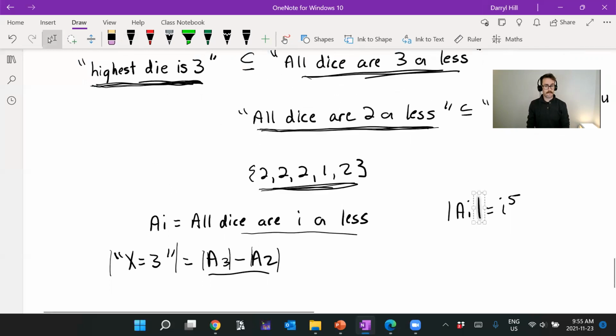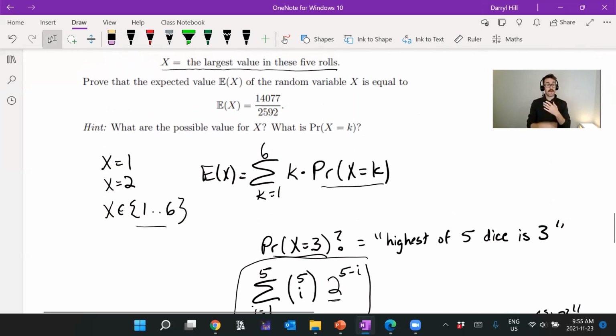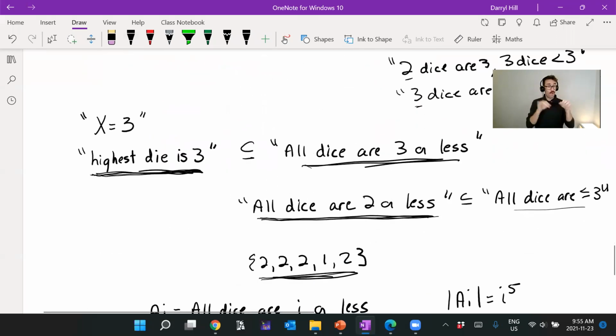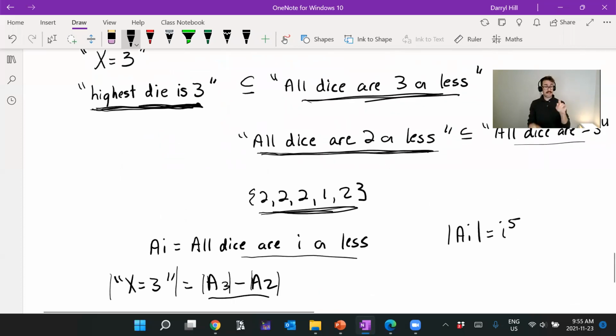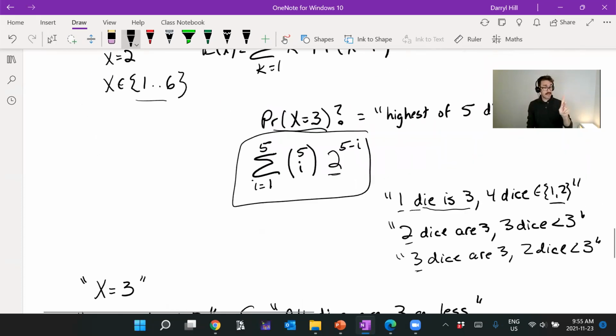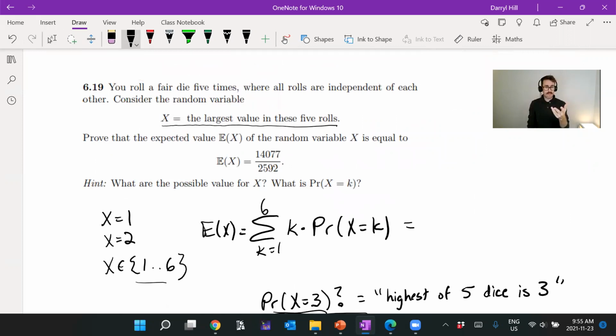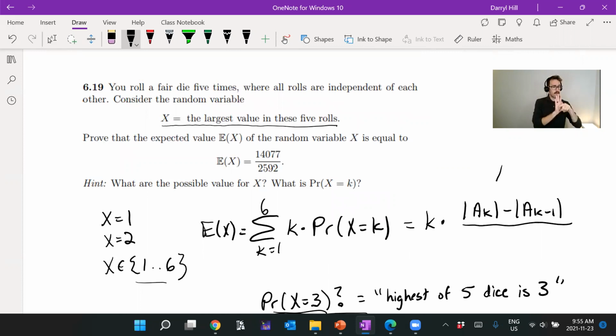All right. So that means if I want to compute my expected value now, if I take this expression, the probability that X is equal to k is equal to the size of my set, the highest die is k, which I can compute over all dice rolls. So this is k times Ak minus Ak minus 1, which is the same as the event X is equal to k, and that's over 6 to the power 5.